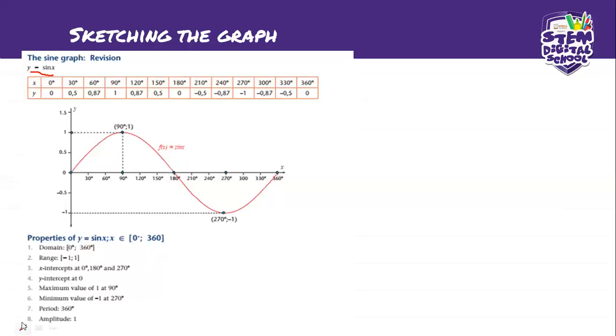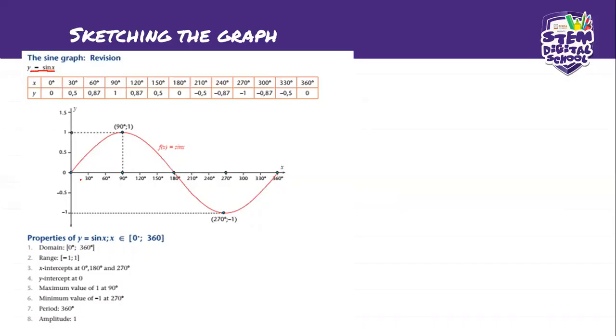Let me just remove this. All right, and then let me go back and take my pen. Now this is the mother graph for sine. This is the original graph, right? Now it says y equals sine x.